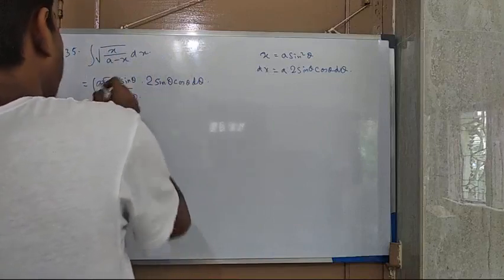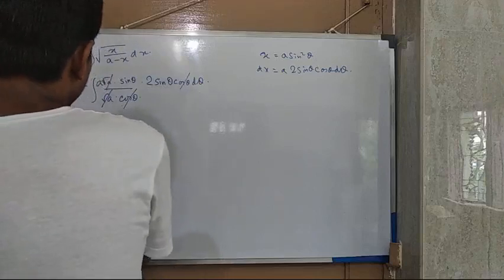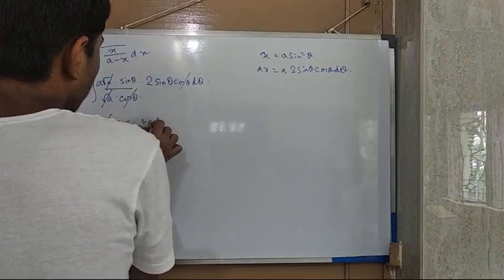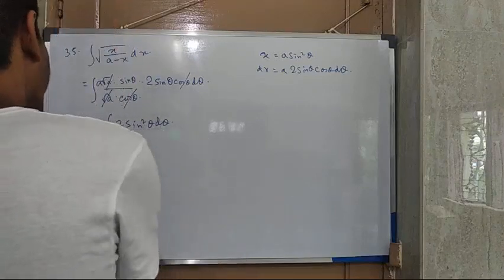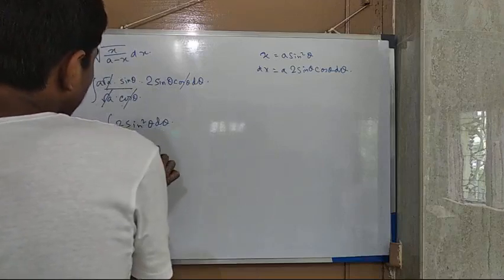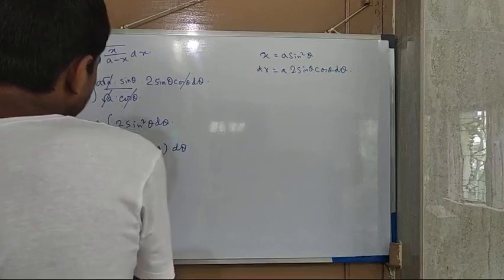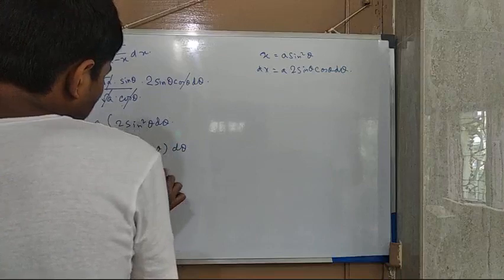Okay, so cancel them out as well. Take a outside, and this becomes 2 sine squared theta d theta. 2 sine squared theta can be written as 1 minus cos 2 theta. So this is integral of 1 minus cos 2 theta, which is a times theta minus sine 2 theta by 2.